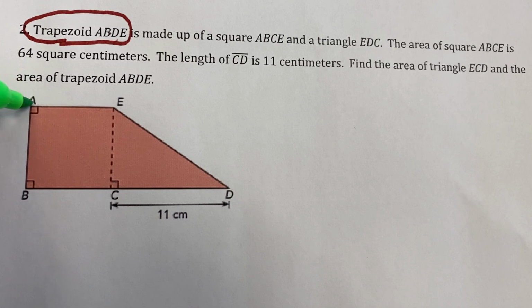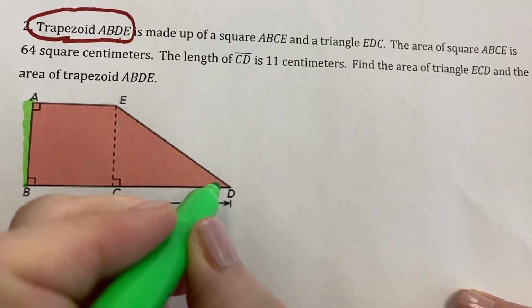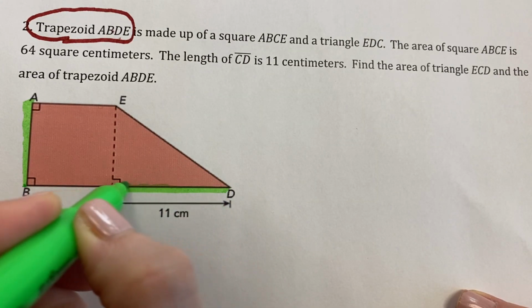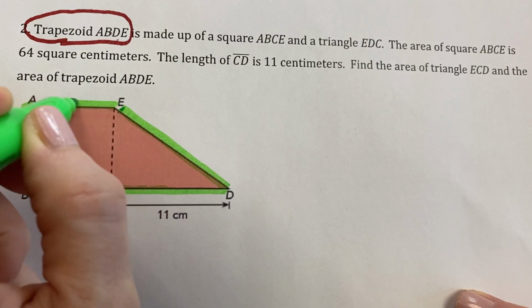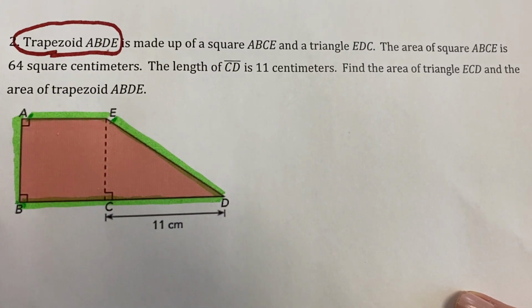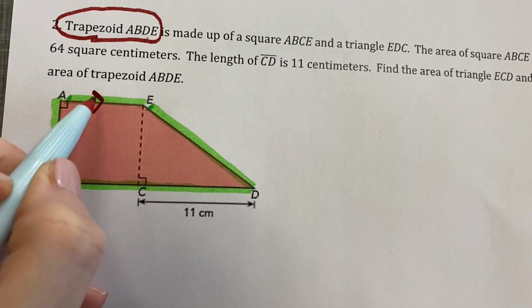Trapezoid A, B. Now I got to go all the way to D, D, and then to E. Okay, so that's a trapezoid, and you know that's a trapezoid because it's got one pair of parallel sides, and those parallel sides are there.